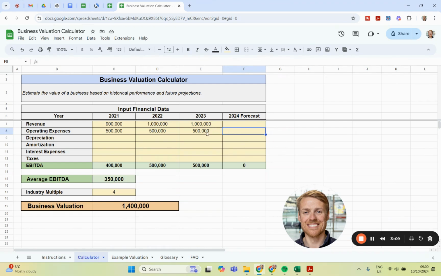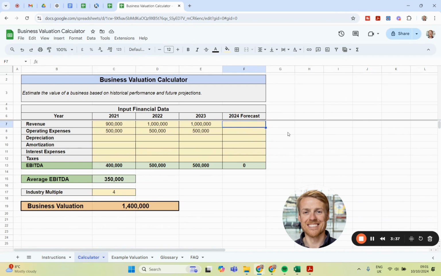Now, if I'm looking at a business and valuing a business, the financial accounts may actually only be made up to the year end in 2023, in which case I've got no financial data for 2024. I've got no data to fill out here. So what I want to do when I'm engaging with sellers is to also get an indication of what the business has done in this financial year.